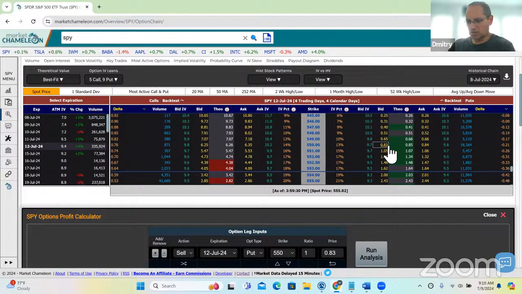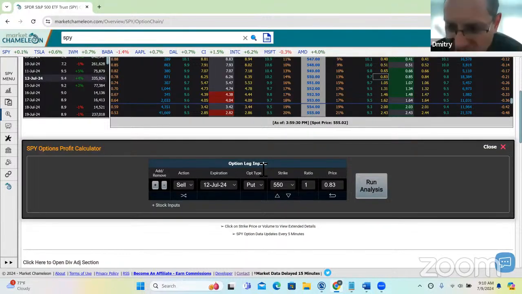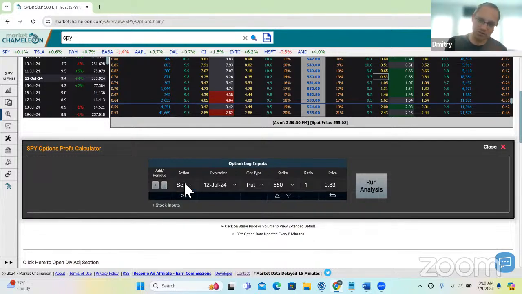When I click on that 83 cents, a ticket pops up. Of course, you can't enter a trade through here, but a ticket for analysis pops up. Because I clicked on the bid, it automatically picks an action of sell, since clicking on a bid implies that you want to sell on that bid.